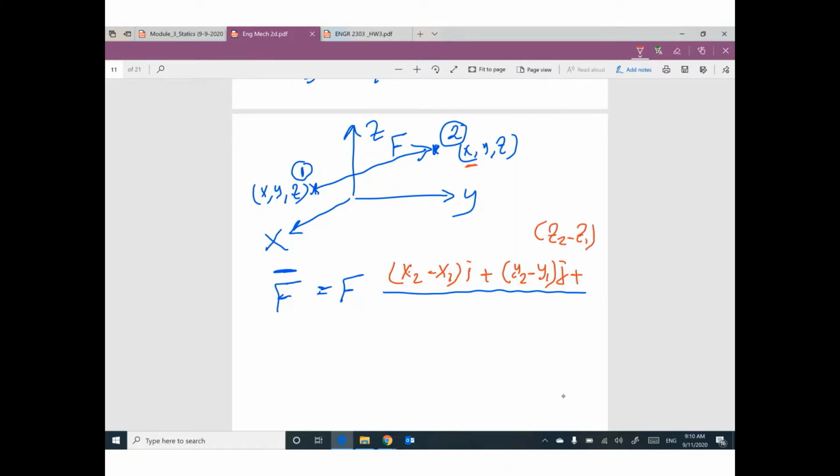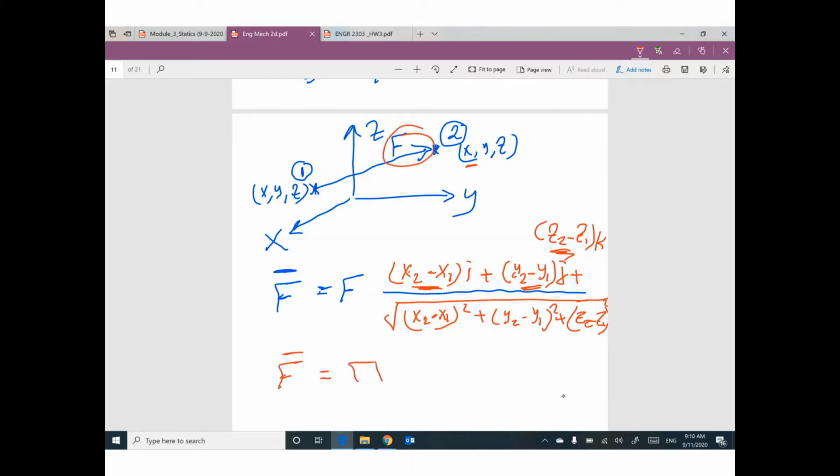Divided by this value square plus this value square plus this value square, all of them under square root. So finally, I can convert this force as a vector equals something i plus something j plus something k.